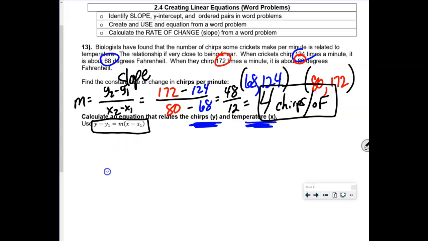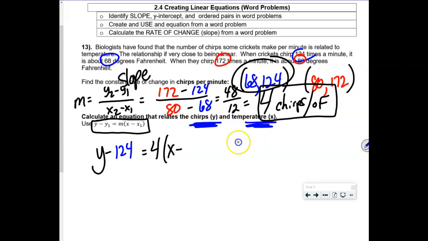Now this formula I did give to you. So choose your favorite point from earlier, guys. You like the blue point or the red point? Blue point? All right, I'll go with it. So using the blue point, using the slope you just found, plug it into the formula. Y minus the y coordinate, which is 124, equals slope, which you just found to be a 4, and then times x minus the x coordinate from that point, which is 68.